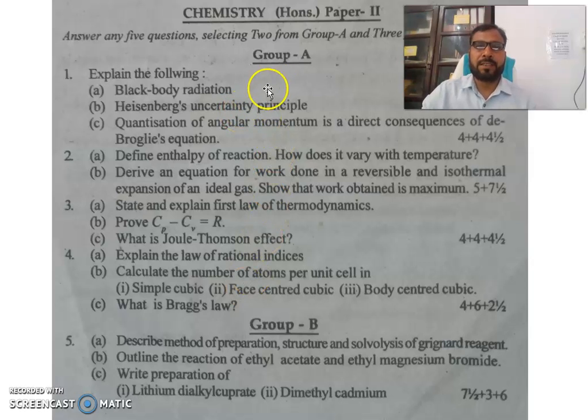So let us learn about the question pattern. You can see here in question 1, we have 3 parts, and the title of this question is "explain the following": black body radiation, Heisenberg uncertainty principle, and quantization of angular momentum is a direct consequence of de Broglie equations.